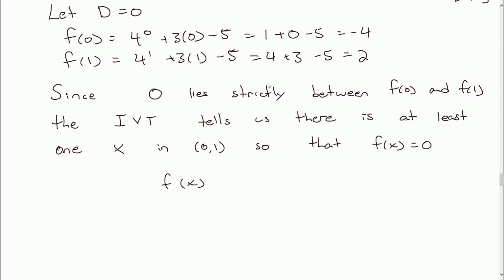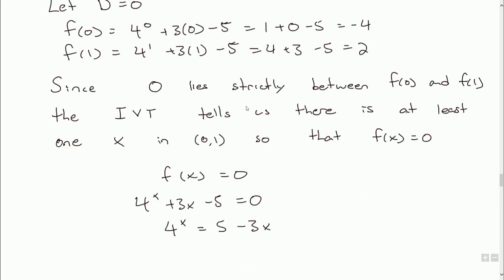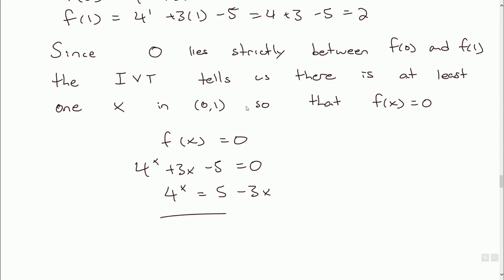But if f of x is equal to 0, then that tells me 4 to the x plus 3x minus 5 is equal to 0. And that tells me 4 to the x equals 5 minus 3x, which is exactly what they wanted us to show.